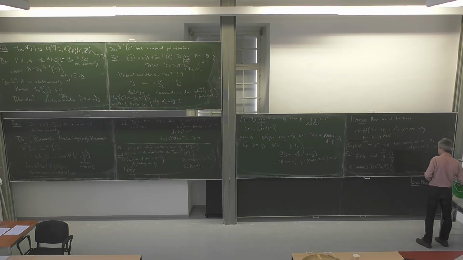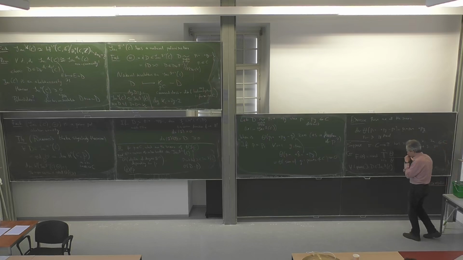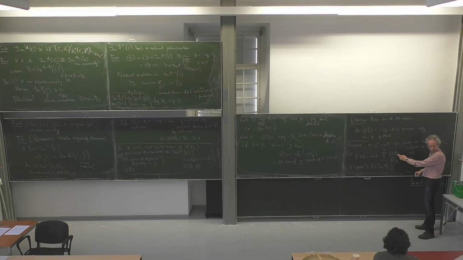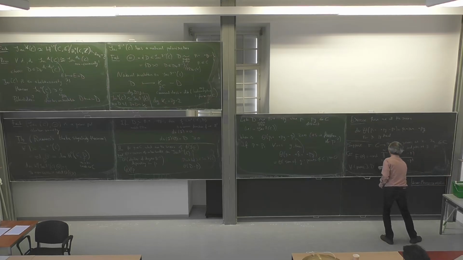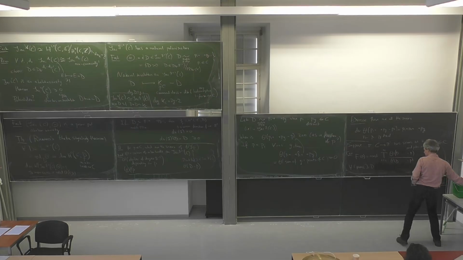The shape is correct. So you take a divisor of degree d, put it here. Divisor of degree d, put it here. Then you put minus p here and minus p here. So this guy will vanish whenever I hit one of these points, right? This will vanish.